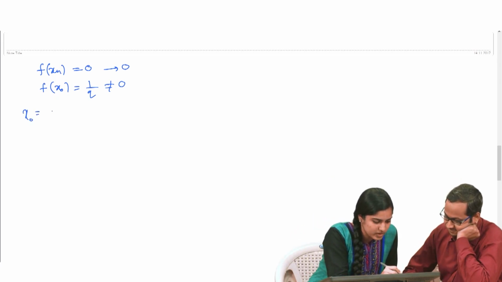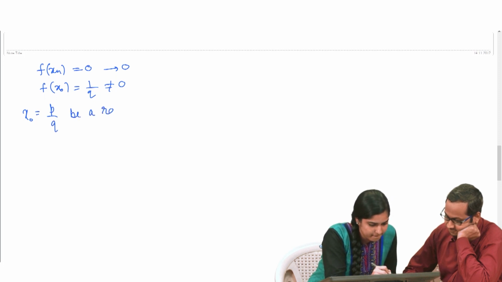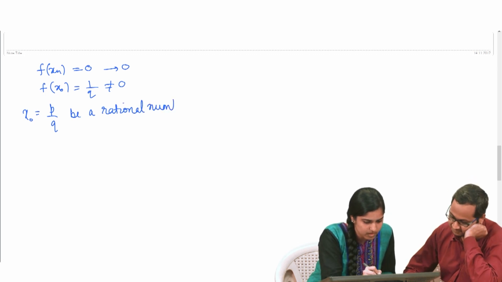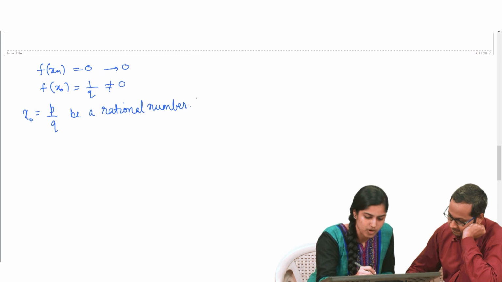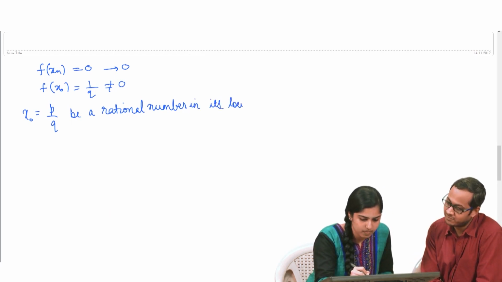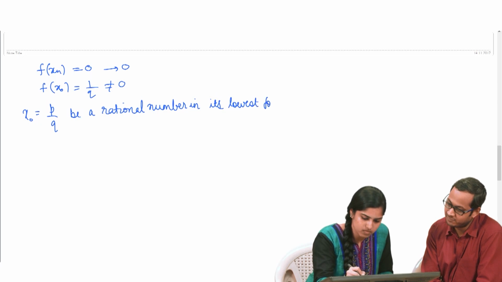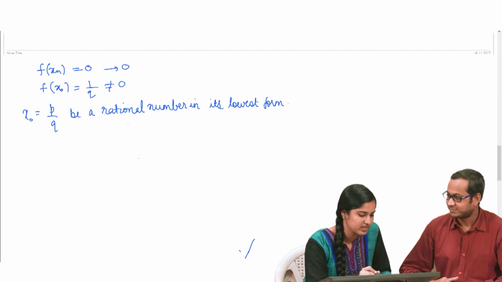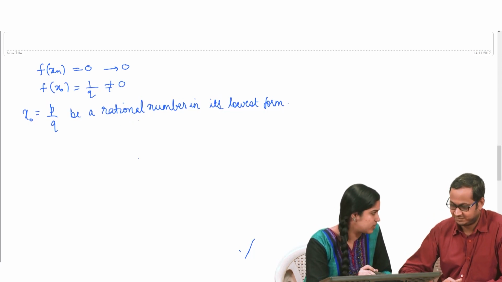Let x naught equal p by q be a rational number in its lowest form. You have already proved that f is not continuous at the rational points using the sequence criterion.